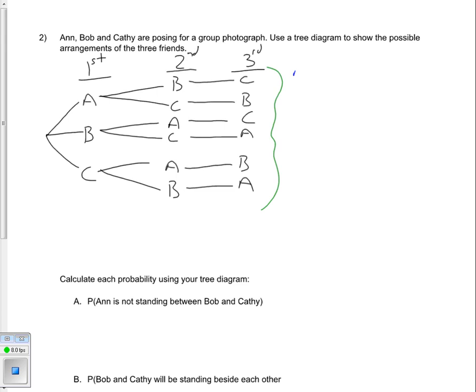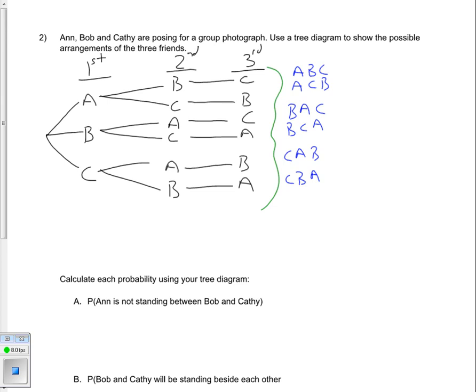We've got A, B, C, A, C, B, B, A, C, B, C, A, C, A, B, or C, B, A. So those are our 6 combinations that are theoretically possible if we're going to organize this particular group shot.